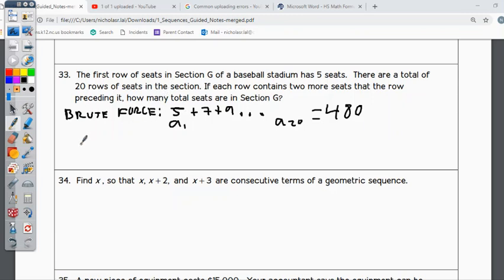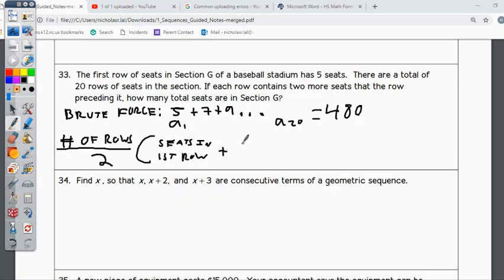And that formula could be, for at least this specific situation, the number of rows divided by 2 times seats in the first row plus seats in the last row.